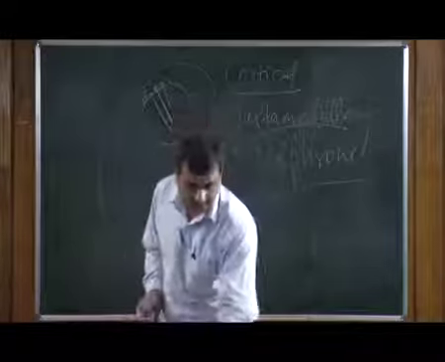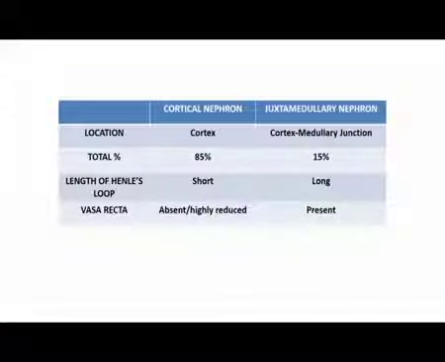Now if you go to the next slide, we will see the differences between cortical nephrons and juxtamedullary nephrons. One is located in the cortex, the other is located at the corticomedullary junction. Percentage-wise, the maximum percentage is cortical nephrons, and approximately 15% is juxtamedullary nephrons.